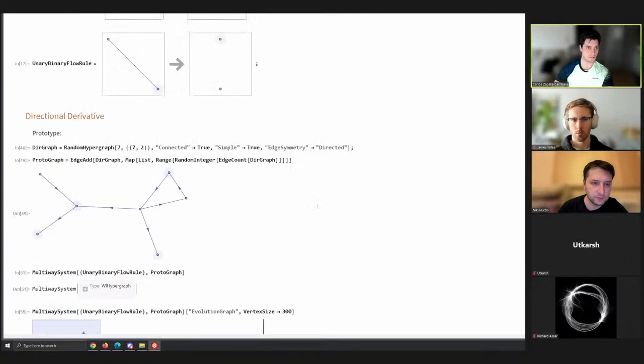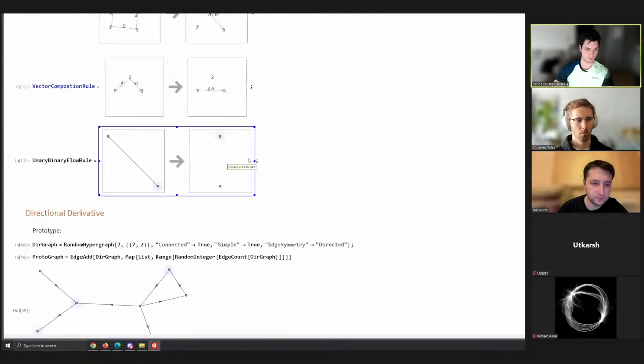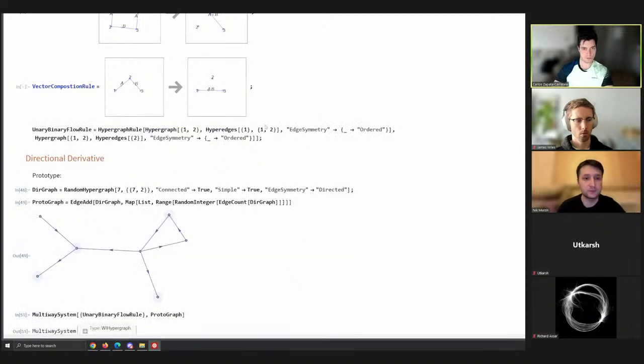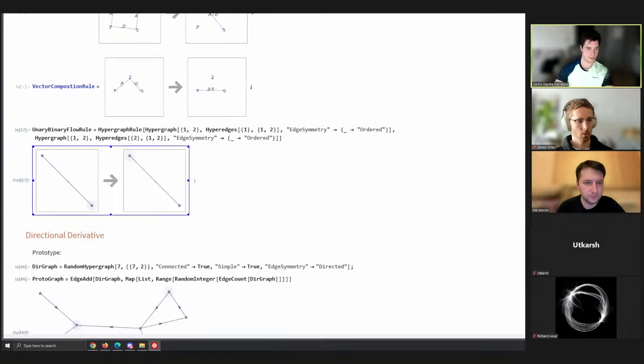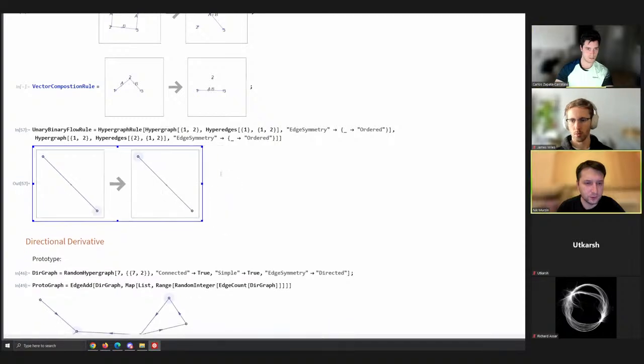Yeah. I think I need to update the rule. So currently the target hypergraph has only this, but I'm going to preserve the edge. I'm going to preserve the edge just in case.